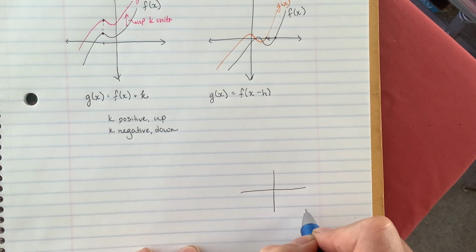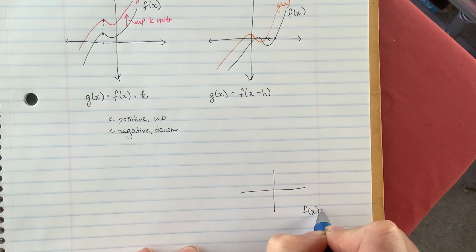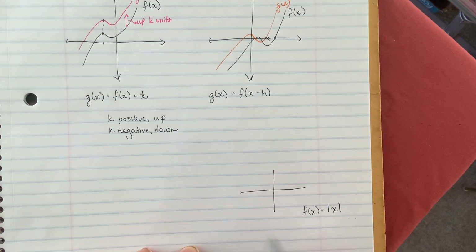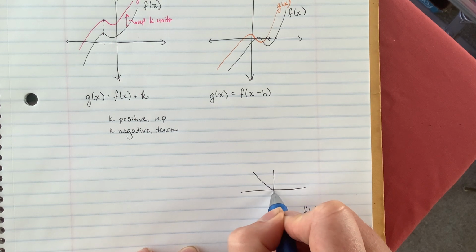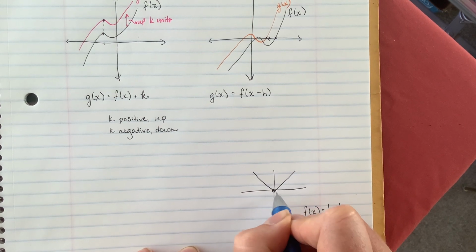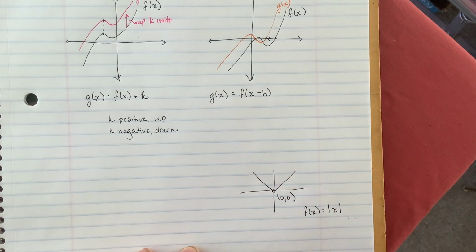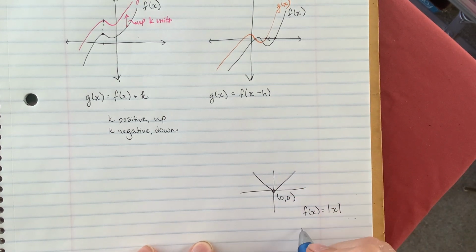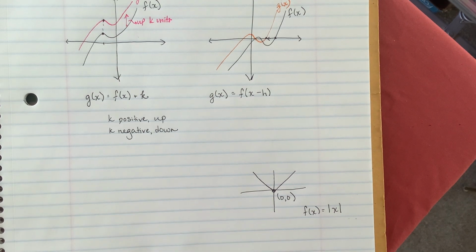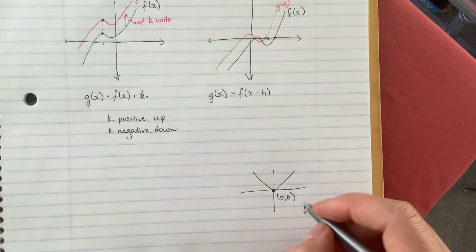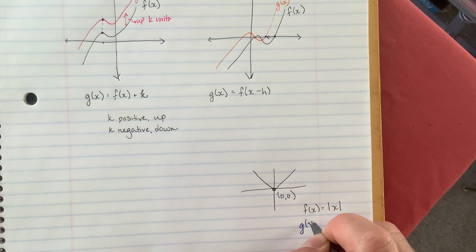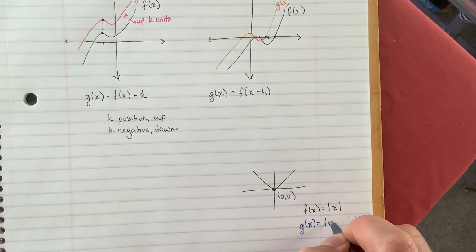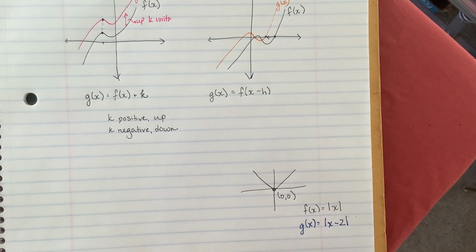of f of x equals the absolute value of x. So in the original function, we have the reference point 0, 0. And then in a transformed function, we're not going to have the point 0, 0 anymore because our function will have moved to the right or to the left. So let's say we are looking for the transformed function g of x equals the absolute value of x minus 2.